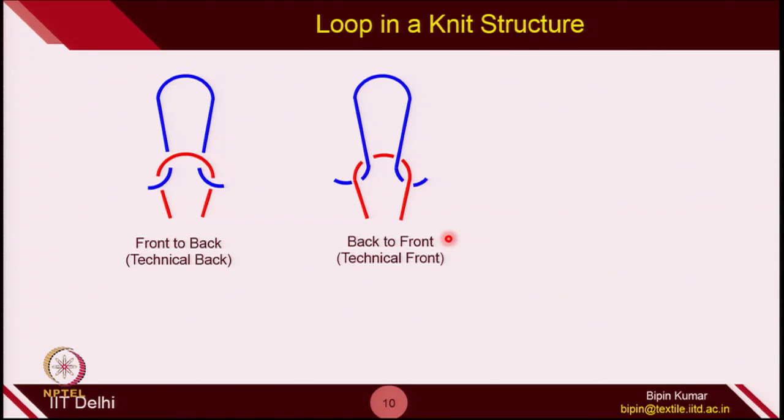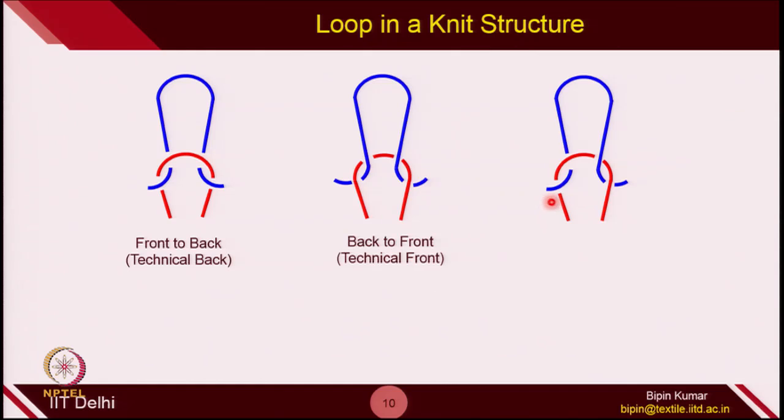There might be other possibilities which are theoretically possible: the yarn moves towards the back side, then makes the loop, then comes towards the front side, and then again moves towards the back side.